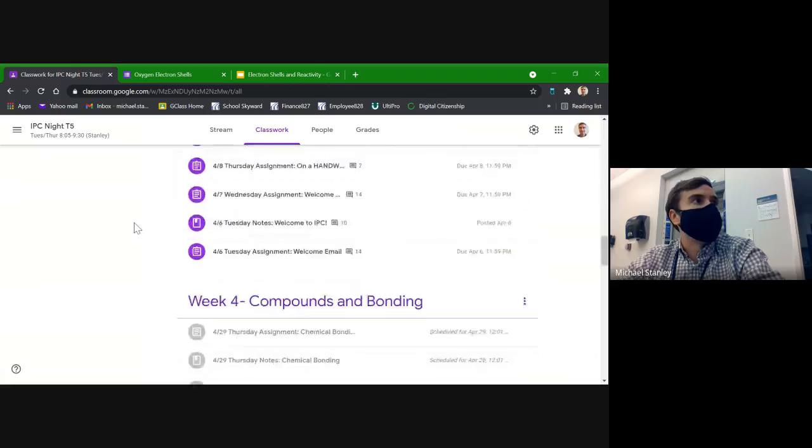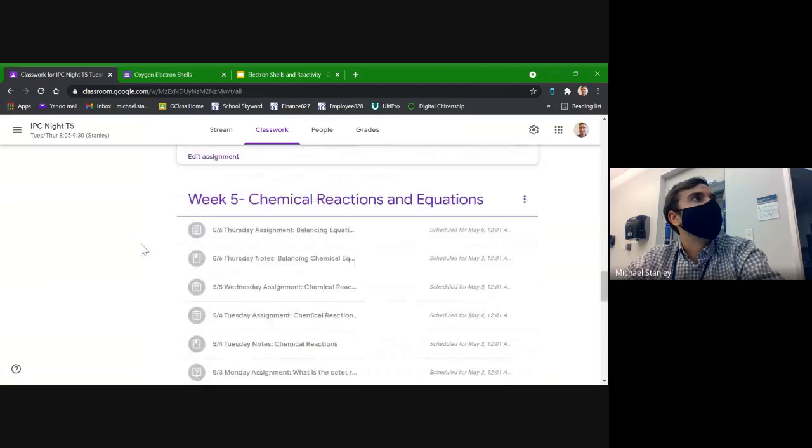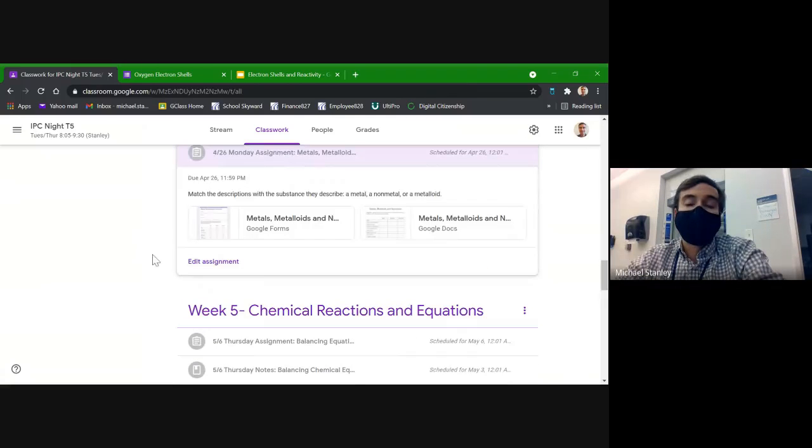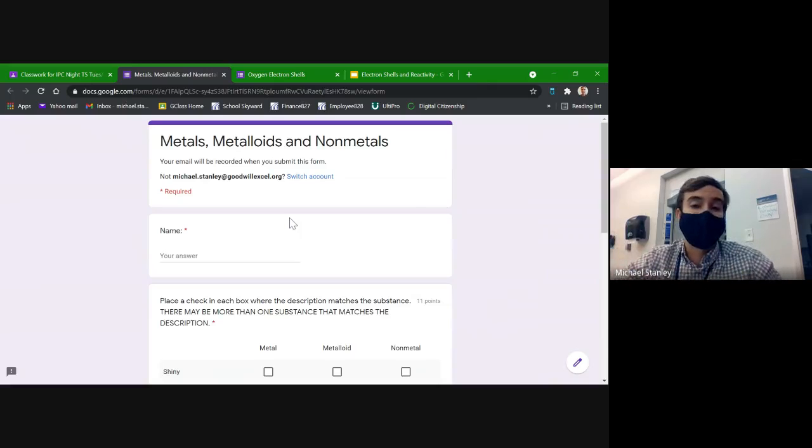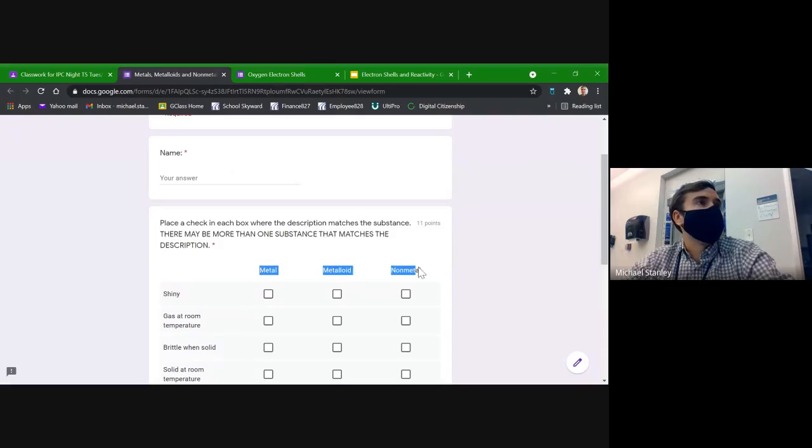And then if we jump ahead and look at the Monday assignment that'll go up for your asynchronous daily assignment next week, we have a little chart comparing the metals, metalloids, and nonmetals. So we have our 3 different types of atom across the top here.